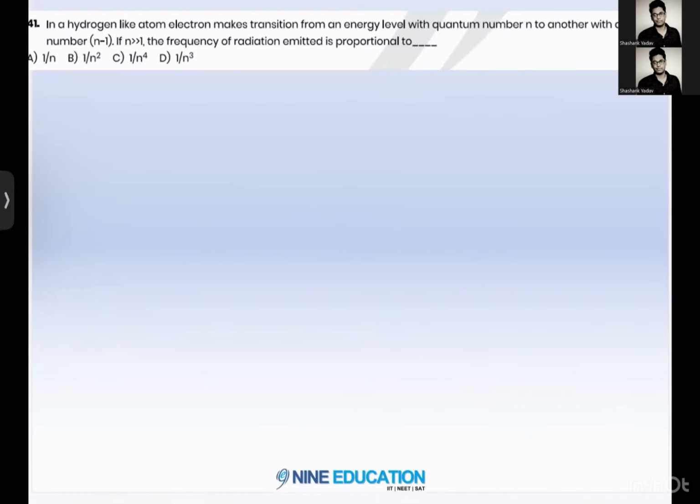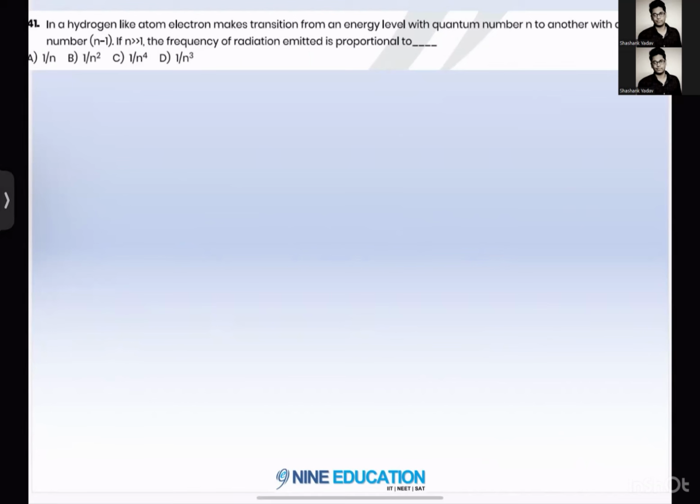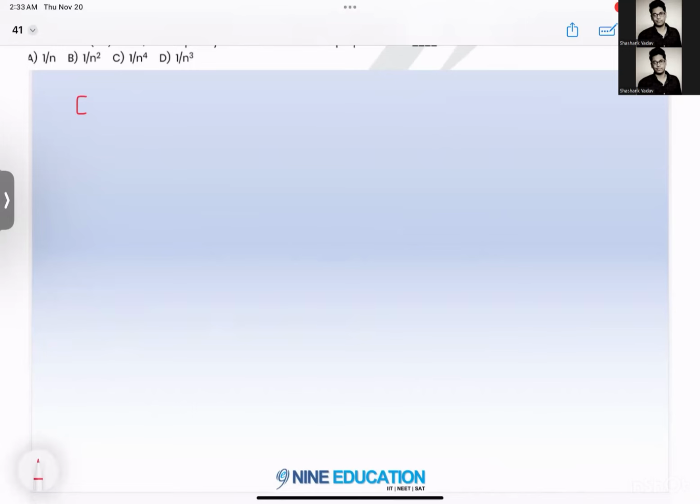This is the next question. In a hydrogen-like atom, an electron makes a transition from an energy level with quantum number n to n minus 1. The frequency of radiation emitted is asked. To find the frequency, we recall E is equal to h nu. From here, nu is equal to delta E by h, the change in energy.